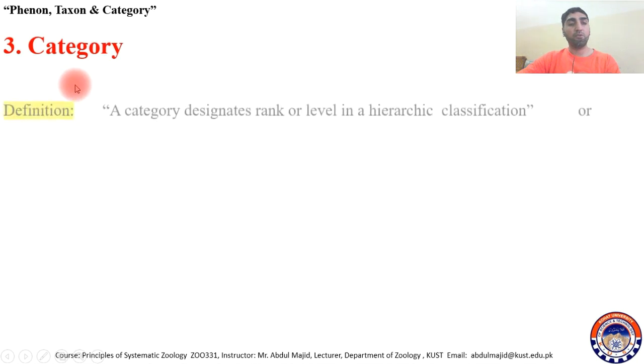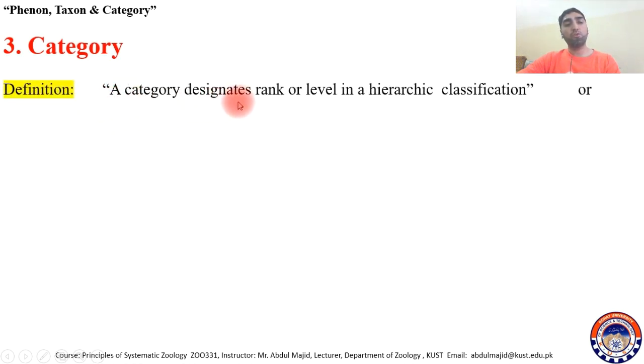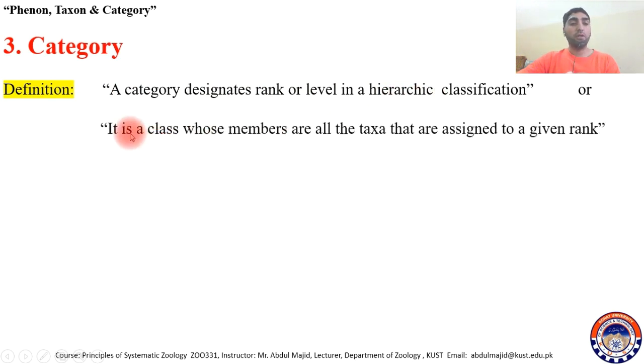Then category. So what is a category? A category actually designates a rank or level in the hierarchical classification, or it is a class whose members are all taxa that are assigned to a given rank. Meaning all members in this category are taxa, which have been given a certain rank.